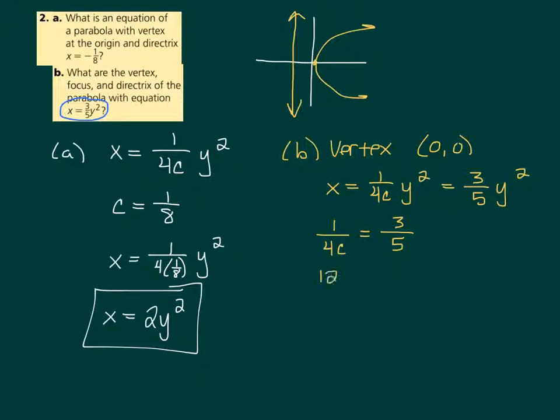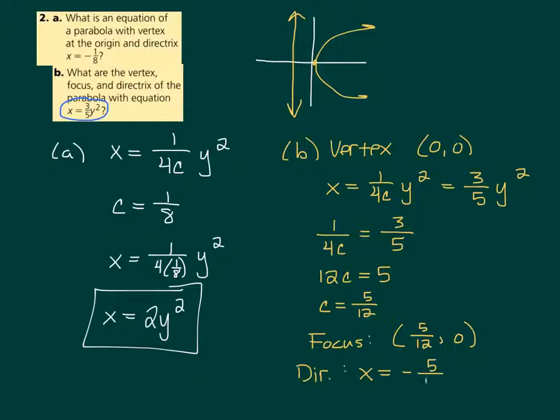So I've got 12c is 5, so c is 5/12. So my focus is the point 5/12, 0, and my directrix, which I will abbreviate as dir, is going to be the line x equals negative 5/12.